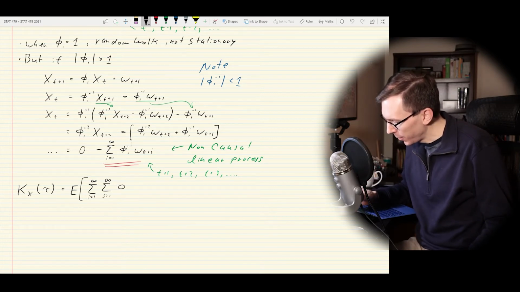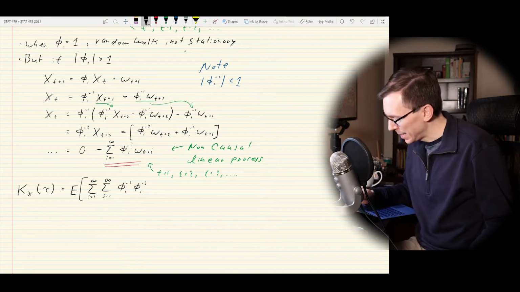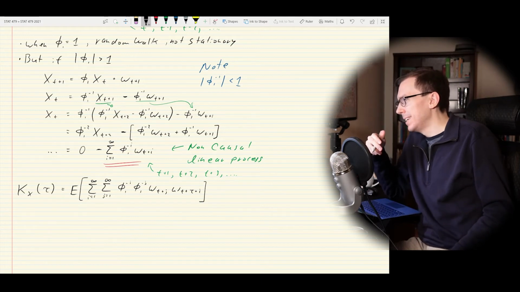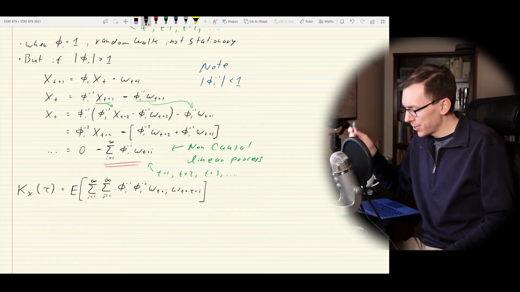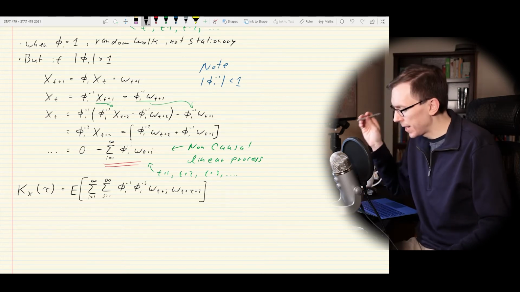We're going to have a coefficient of phi_1 to the minus i, a phi_1 to the minus j, and w_{t+j} and w_{t+tau+i}.